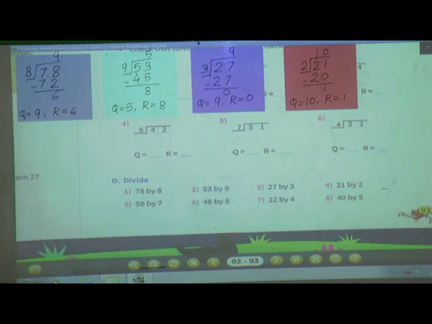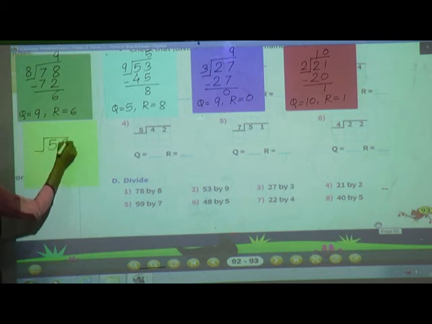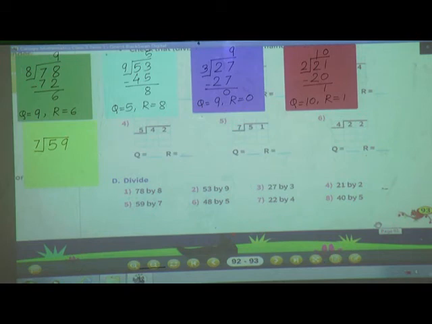Next, fifth one. See the fifth example, 59 divided by 7. Now see the table of 7. Is 59 there? No. Then smaller than 59?